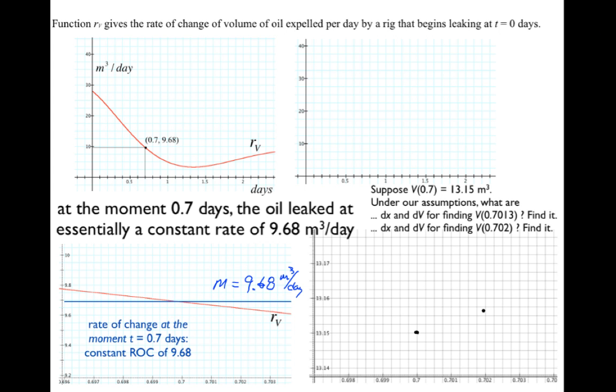And now it's asking for f of 0.7013, which is right here, way at the bottom of the screen there. So 0.7013 is right along this line here.